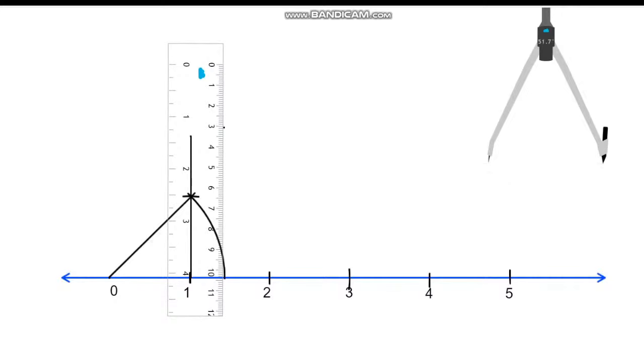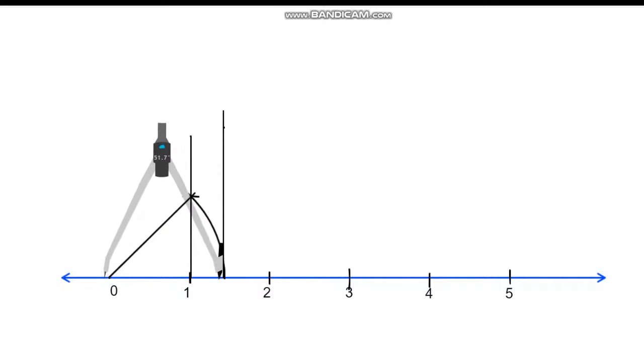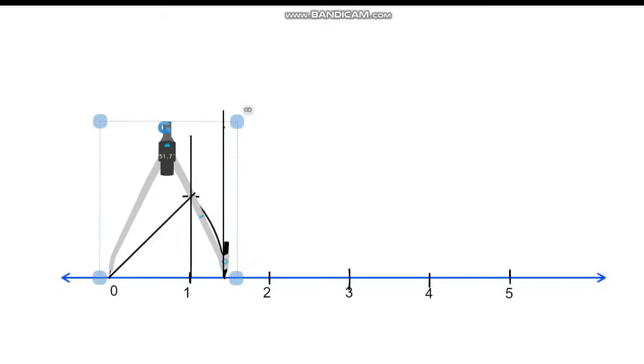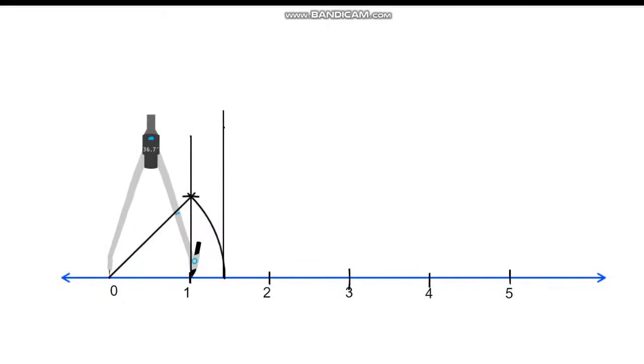As our first step, again draw a perpendicular line on the number line at root 2. Take unit distance, 1 unit distance.